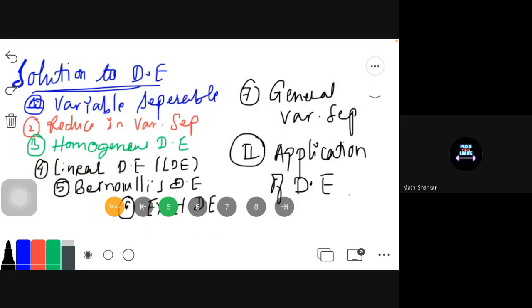So the very first thing you have to do in your exams after seeing the numerical is categorize it into the 7 types, at least 6 types. Once you are able to categorize the numerical into either of the 6 types, then you will be able to solve. Unless and until you are able to categorize it, you will not be able to solve.